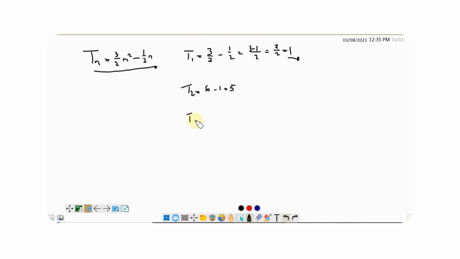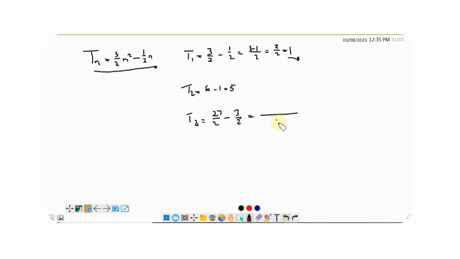And then for term 3, we will have 3 squared, which is going to be 9. 9 times 3 is going to be 27. This is going to be 27 divided by 2, minus 3 over 2. So this is 27 over 2 minus 3 over 2.